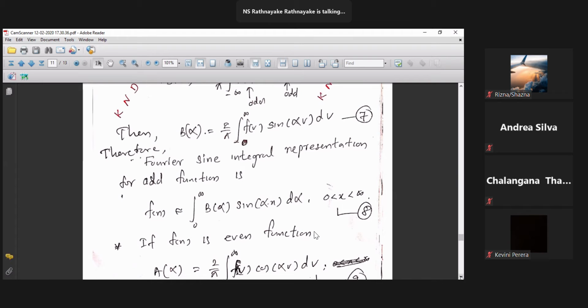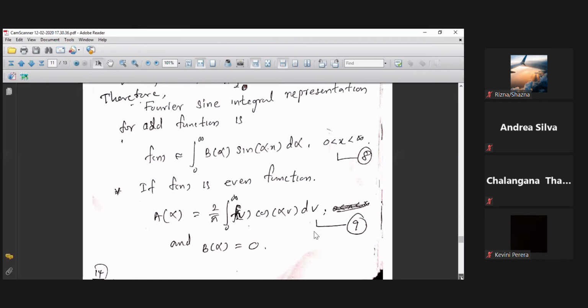Similarly, if the given function is an even function, A alpha you can write as 2 divided by pi, integral from 0 to infinity f(v) cos alpha v dv, because if f(v) is an even function and cosine is also an even function, then the multiplication of those two functions is again even, so you can write 2 times the integral.